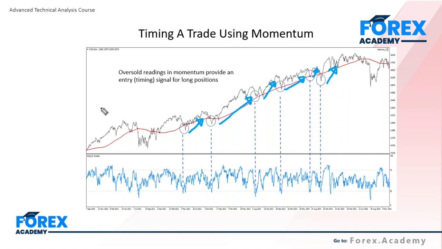So what we're essentially looking to do is to say to ourselves, when the relative strength index moves below 30, the price level that exists in conjunction with that move below 30 in the RSI represents our buying opportunity.